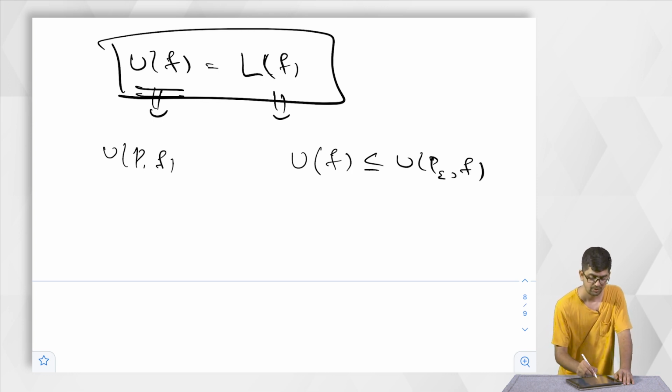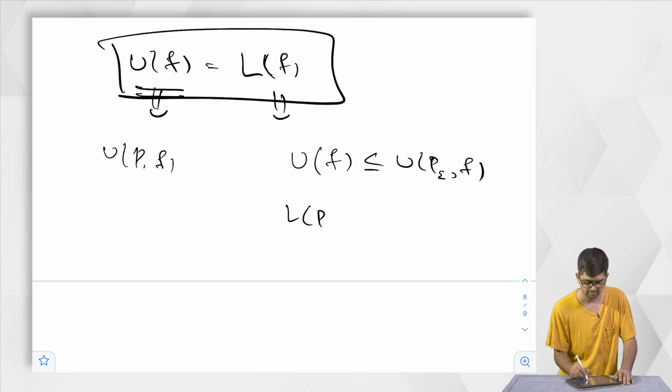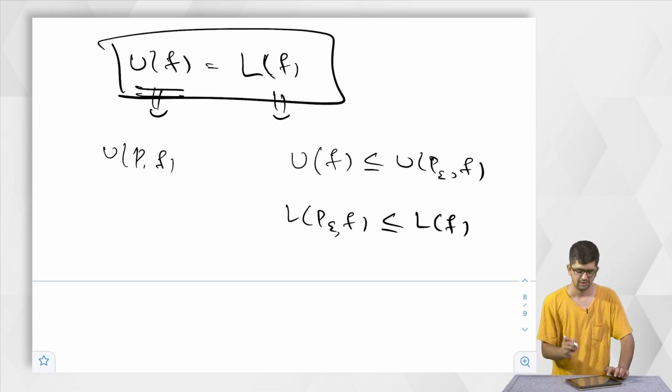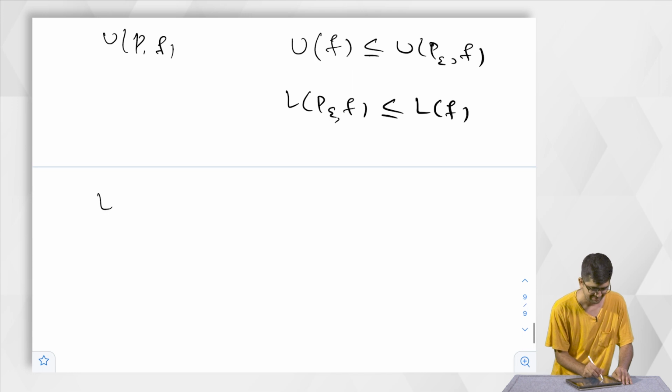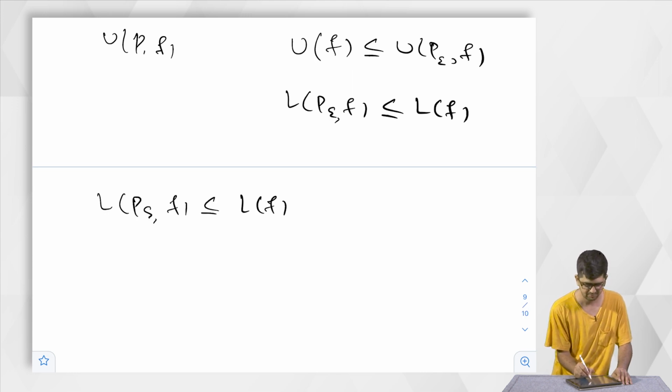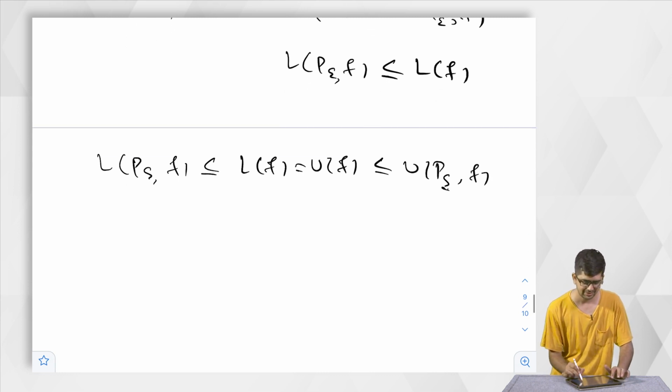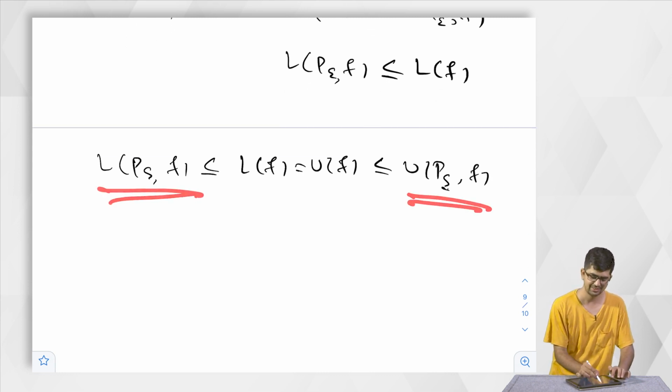Similarly, L(f) is the supremum, so L(P_epsilon,f) is less than or equal to L(f). So we have L(P_epsilon,f) less than or equal to L(f), which is equal to U(f), less than or equal to U(P_epsilon,f). What we know is this minus this is less than epsilon.